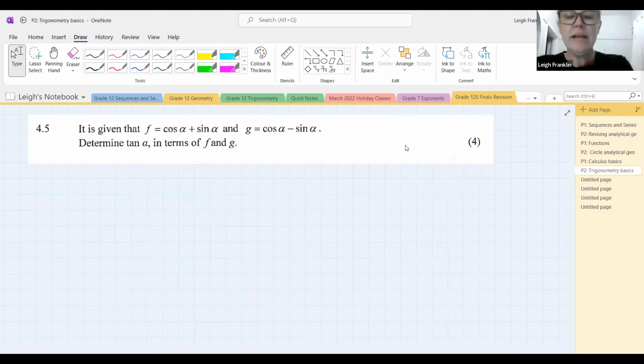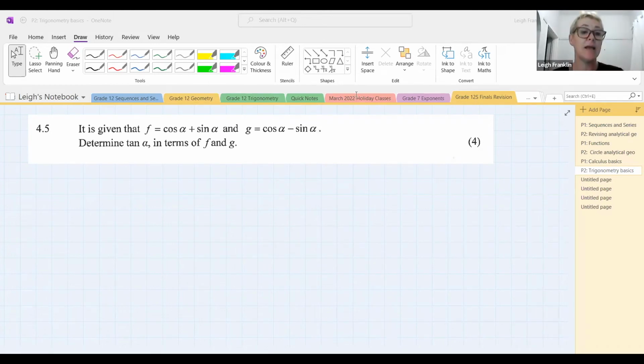Okay, so any ideas? Yeah, this is a difficult one, can you see that?